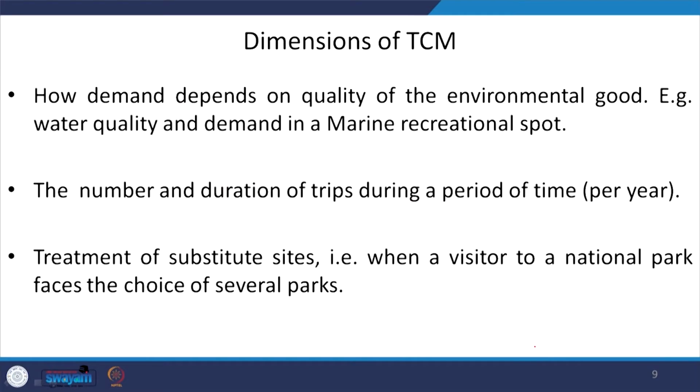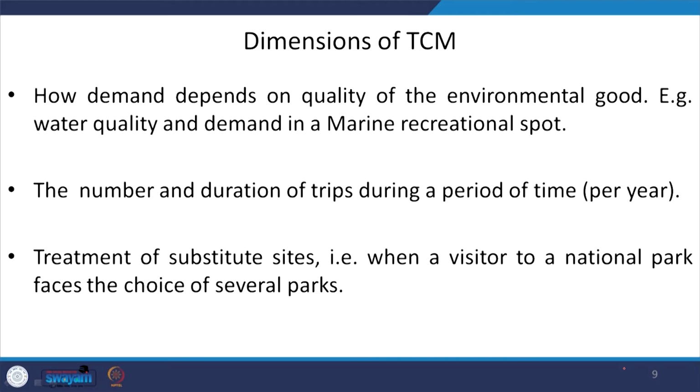Based on these assumptions, now we can talk about 3 dimensions of the travel cost model. First, we must understand how demand depends on the quality of the environmental good. Let us say that if the environmental quality, or even the water quality, of a particular marine recreational spot is good, then the demand for this spot will be increasing.